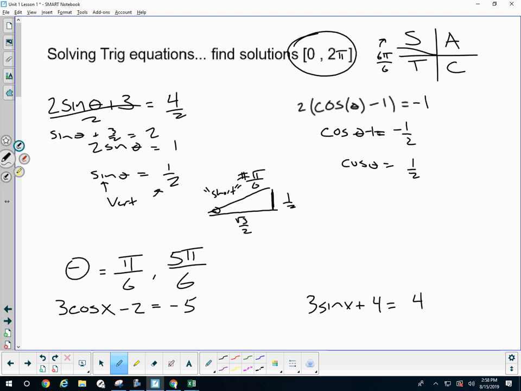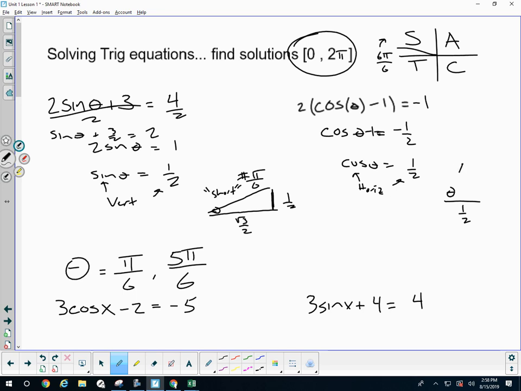And now I need to solve cosine equaling 1/2. This is what I think about. My horizontal side length is 1/2. I'm thinking about an angle, and the horizontal length to that angle is 1/2. Okay, well, I know a triangle where the horizontal length is 1/2.